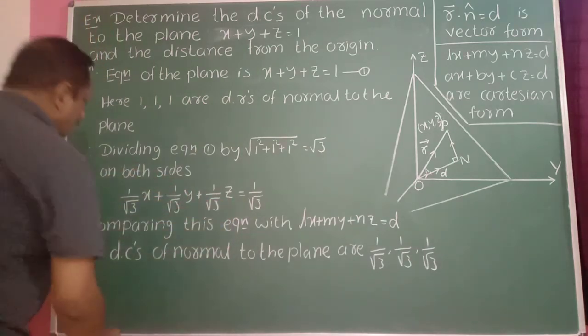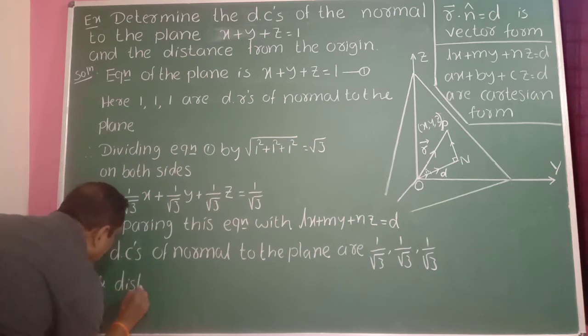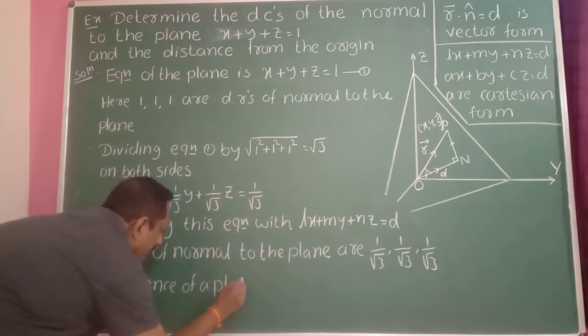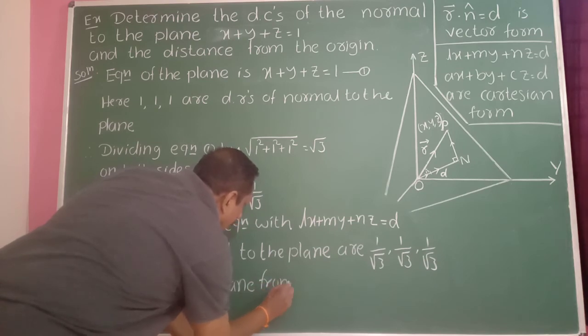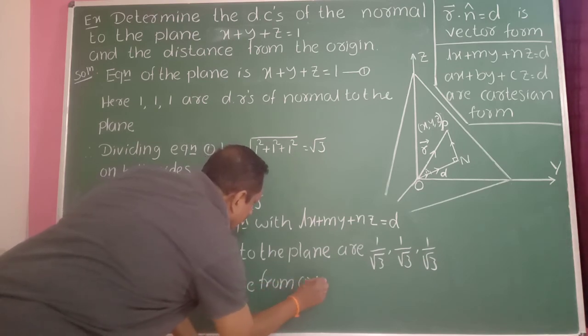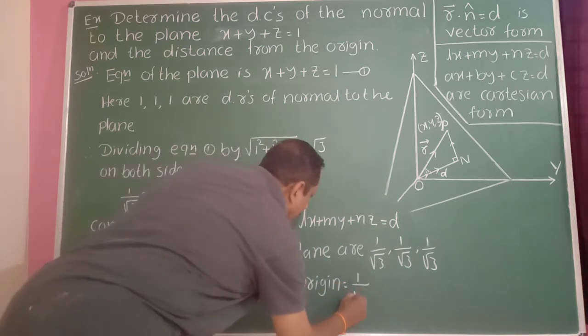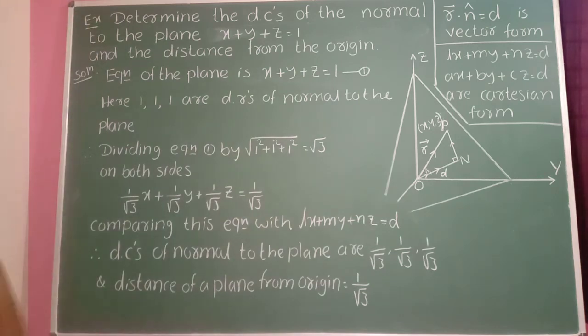So the distance of the plane from the origin is equal to 1 divided by root 3. This is the answer here.